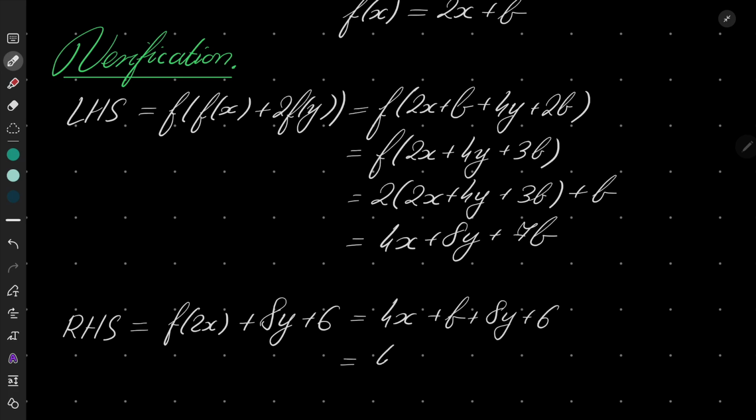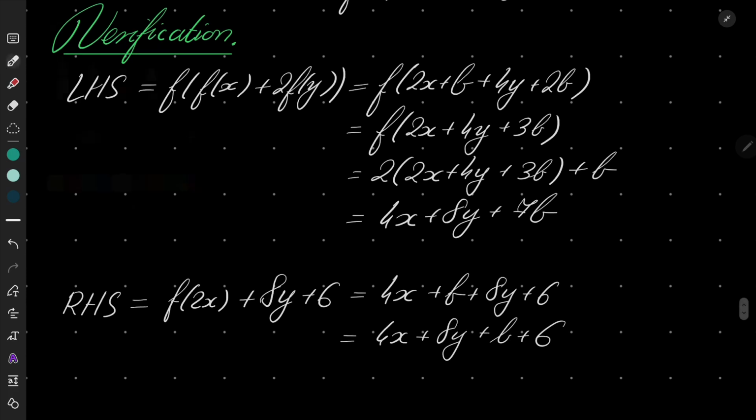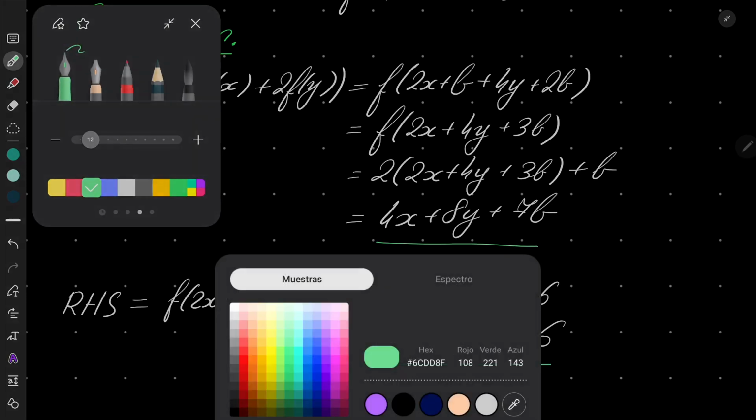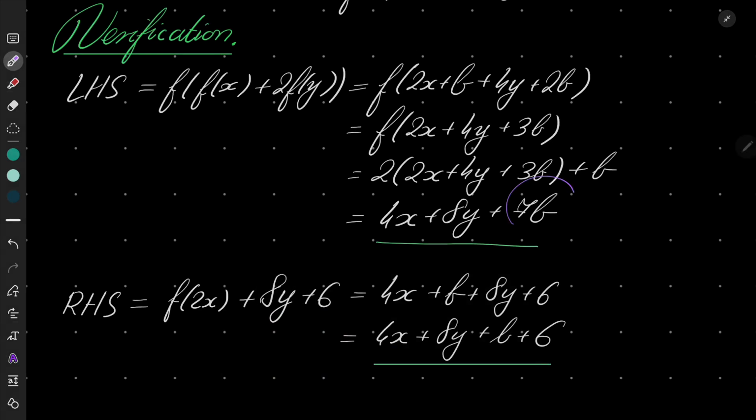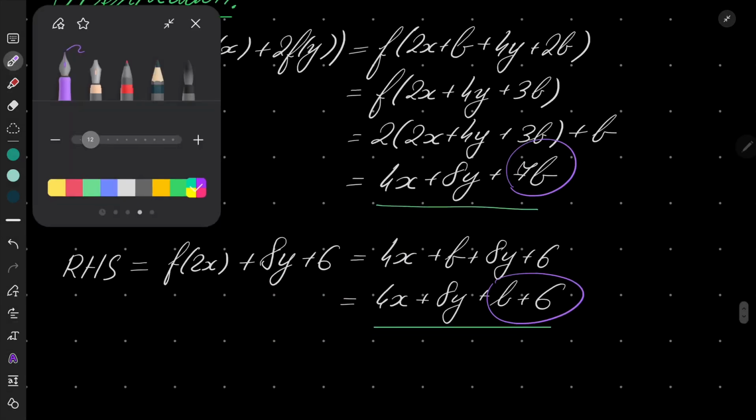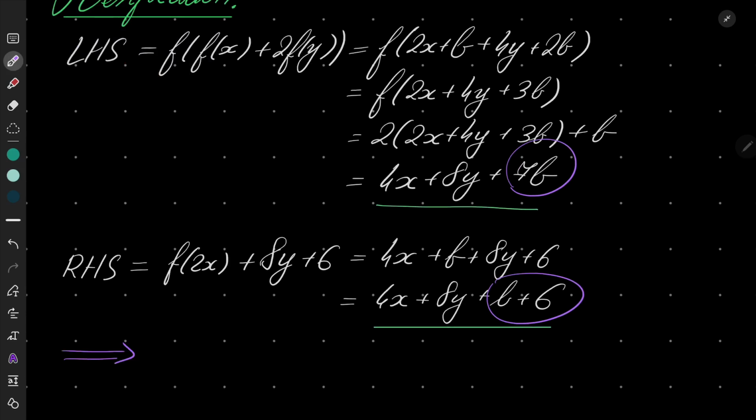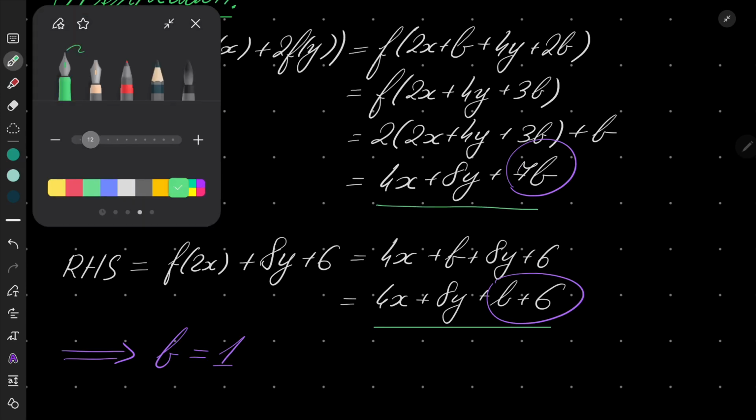So it is 4x plus 8y plus b plus 6. And the only possibility, remember, these two quantities should be equal for every x and y. It happens if and only if these parts are the same, which means that, in fact, b must be equal to 1, and that means that we have only one solution.